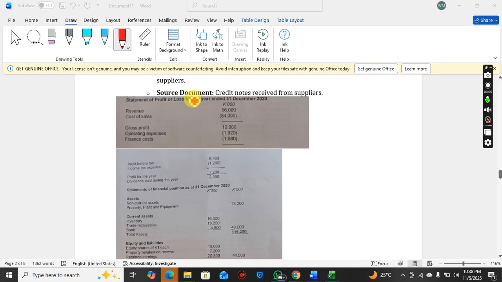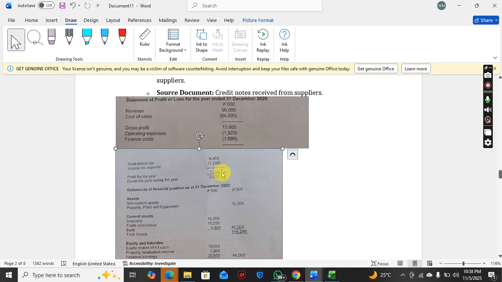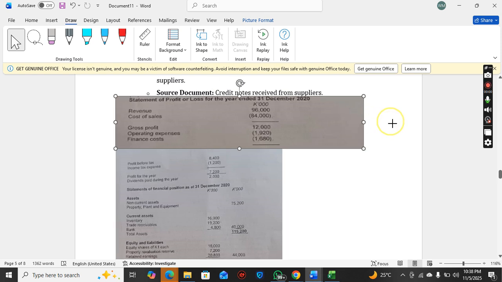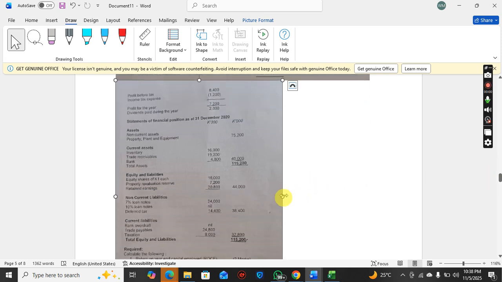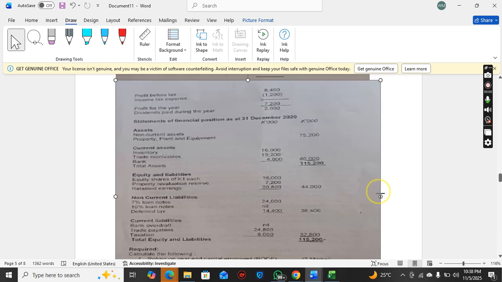Alright, so here we've been given the statement of profit or loss for the year ended 31st December. Let me zoom in. Okay, so here, let's put this back.